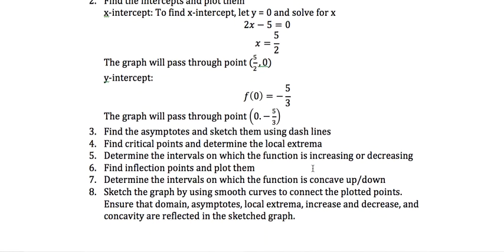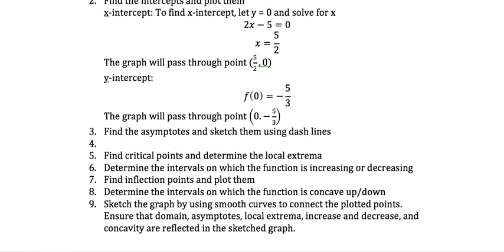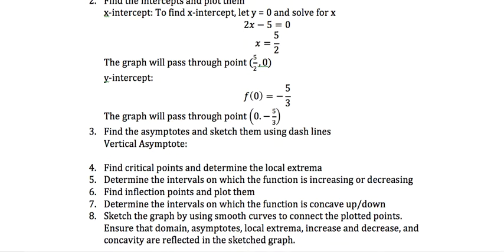Now let's continue with the third step. We need to find the asymptotes of this function. First, the vertical asymptote. In general, a rational function will have a vertical asymptote wherever x is not in the domain.